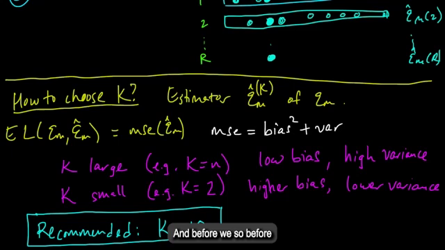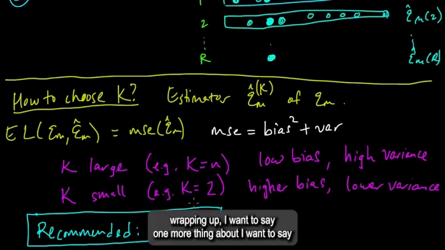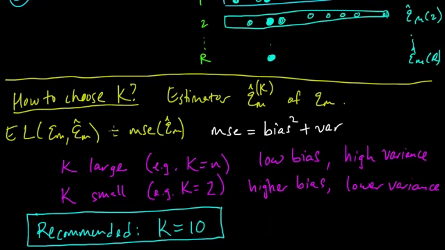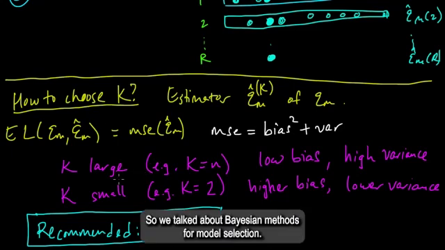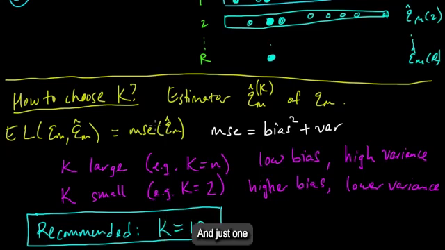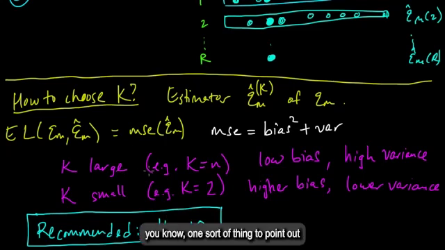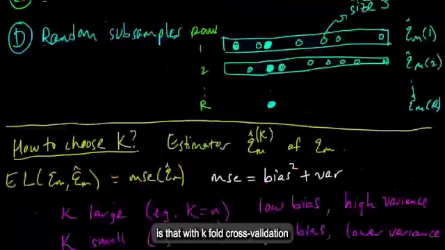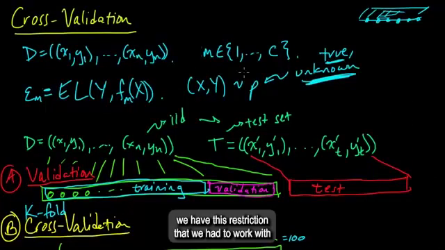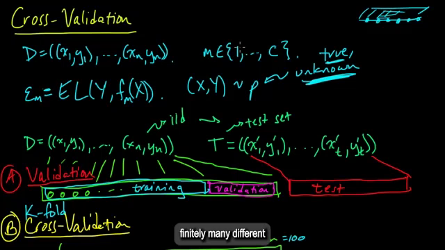And before wrapping up, I want to say one more thing to compare k-fold cross-validation with Bayesian methods. We talked about Bayesian methods for model selection, and we talked about k-fold cross-validation. One thing to point out is that with k-fold cross-validation, we had this restriction that we had to work with finitely many different models in our model class.